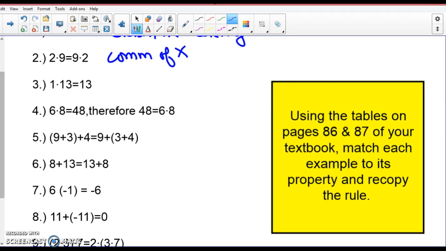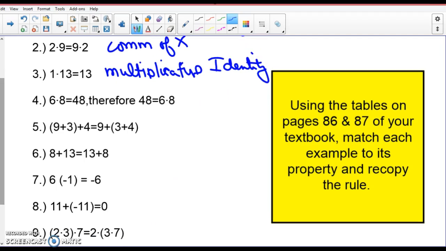What is this one? 1 times 13 equals 13. What property is that showing? Mason. Yep, the multiplicative identity, or you could say the identity of multiplication. Oh, this one is called symmetric property.